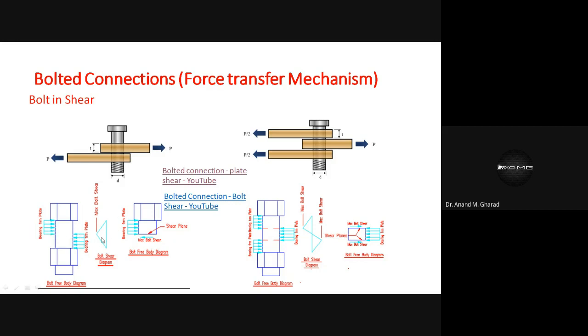One. Only one. Okay? So there is a formula you can consider to identify the shear failure planes for a bolt which is connected to a number of plates. The formula goes like this. Shear failure planes, which you can call S, is equal to n minus 1. n stands for the number of plates.